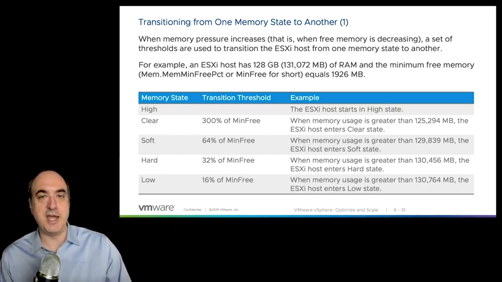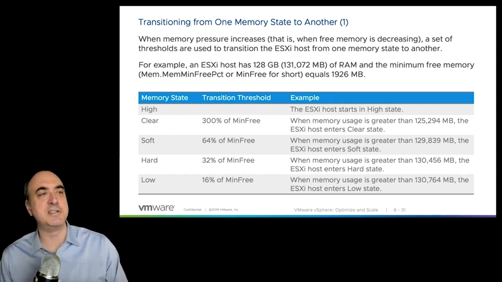So are we heading in for more paging? Is the amount of free memory dropping so significantly now we're under pressure? Or are we past that point and now the pressure is basically being lifted and the amount of free memory is actually increasing? So there's basically just different thresholds is what we're getting at here.